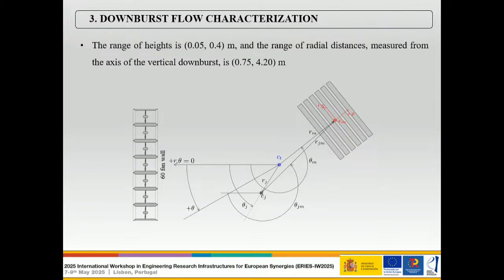Also, the rack of Cobra probes was placed in different positions in the radial direction. So this is pretty much a scheme where here you have the axis of the downburst, and this should be the location of the solar panels. The angle is related to the reference direction here, and also the distance. We will see that it is also relative to the diameter of the louver that we were considering for generating the jet.